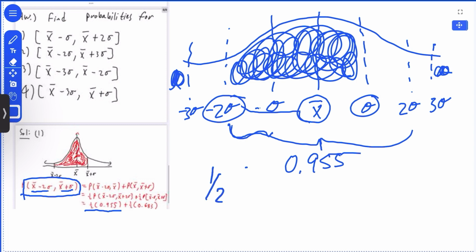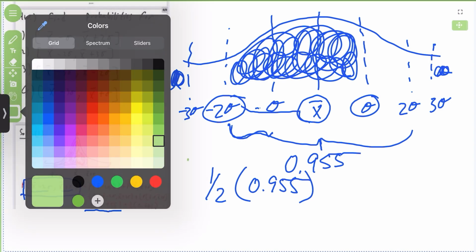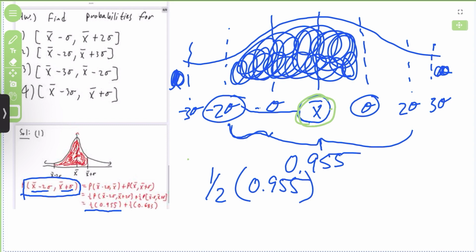So we have 1/2 of 0.955. But now we still have to consider from here to here. Well, to do that, we know that from one standard deviation to the right and to the left is 68.3. So we can add half of that, because we're only going half of it. We're not going from the negative standard deviation to here.